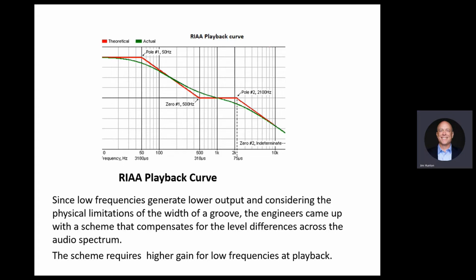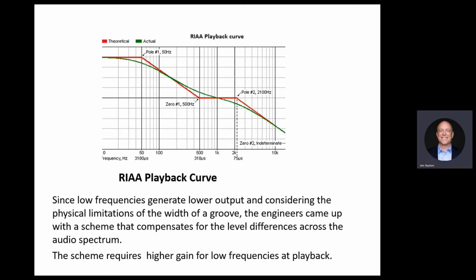If you have a Columbia record or an old 78, they may have a slightly different curve. You can build a circuit that will work for that particular curve. We'll see how those are implemented.